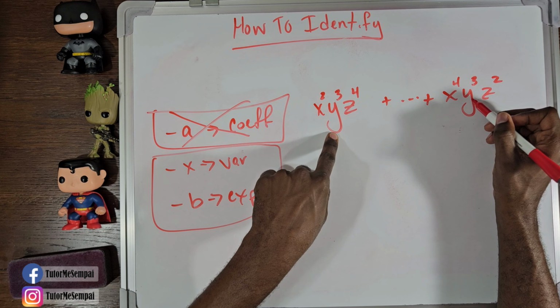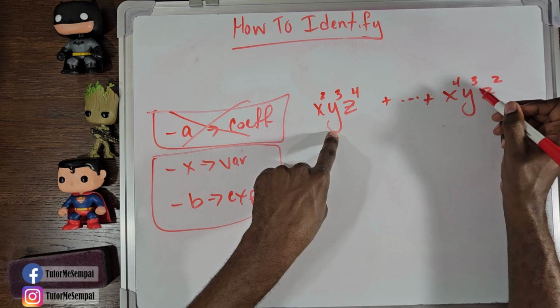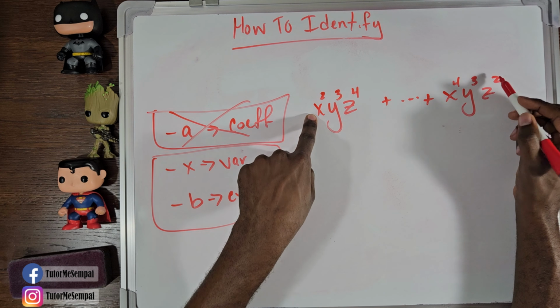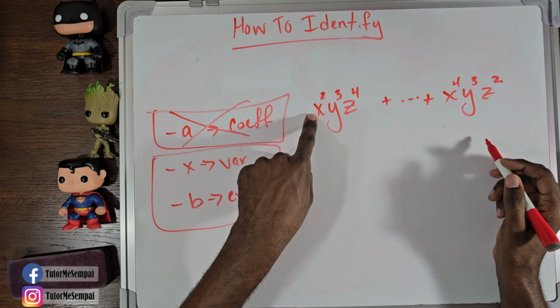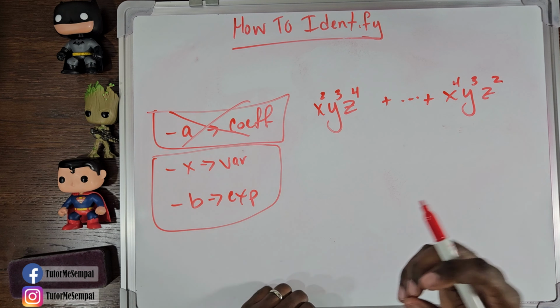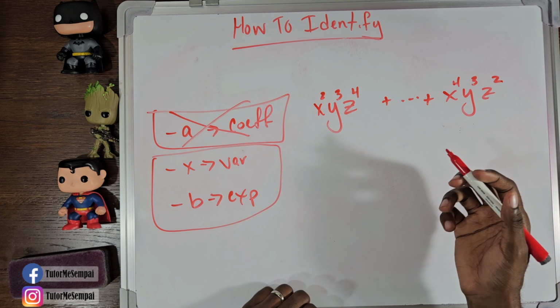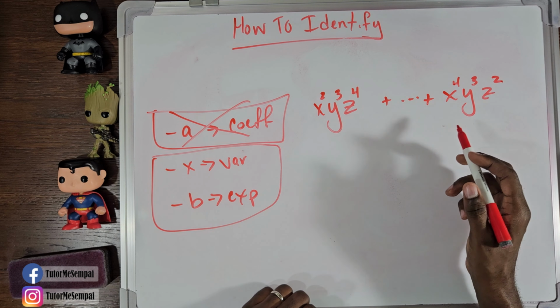Yes, your y is the same with both the y variable and the exponent, and you do have x's and z's, but that's swapped. Your exponent swapped. The order matters for your exponents. Obviously, x to the fourth is not the same as x squared. This is not going to be a like term.